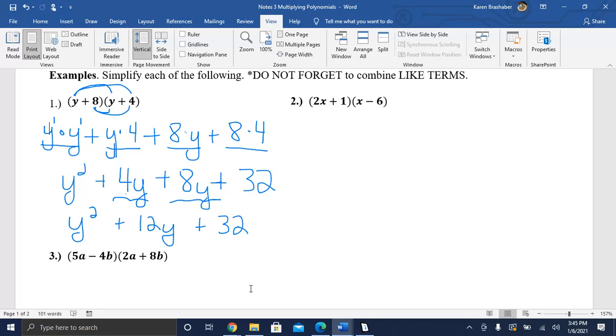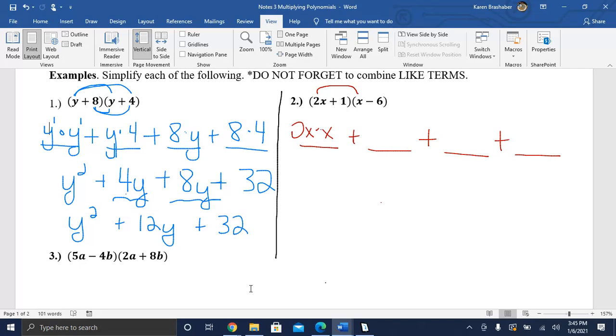And that is very typically what happens when you are multiplying two binomials. So we'll look at example number 2. We have 2x plus 1 times x minus 6. So 4 blanks to show me that I've got 4 multiplications, starting off with 2x times x.